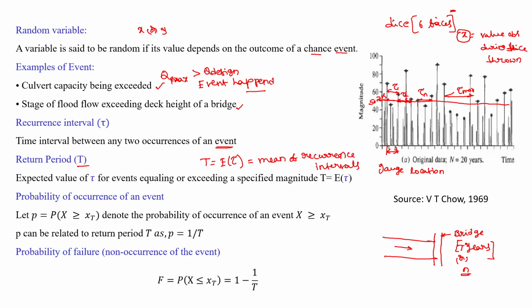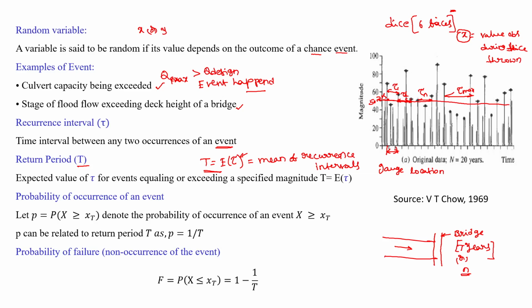Okay, so rather than looking at individual recurrence intervals, we take the mean recurrence interval and we say that on an average at least once the stream flow value will exceed the design value.